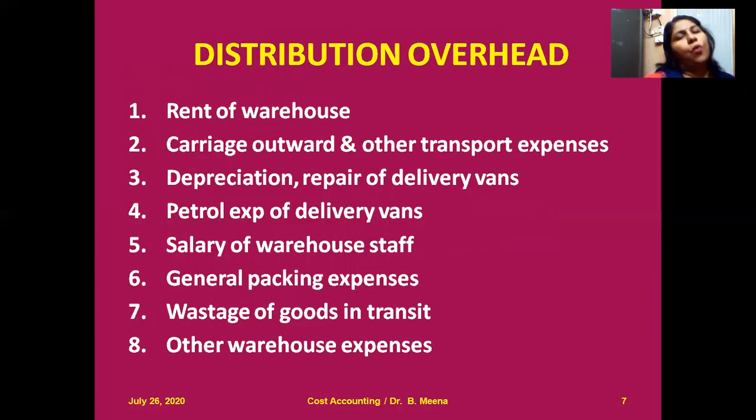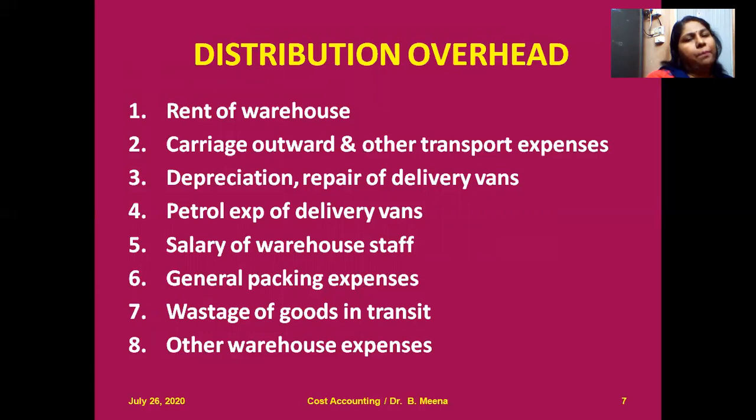Next, it's related to selling and distribution. We can combine these overheads when we are preparing the cost sheet. What are the distribution overheads? Rent of warehouse. Rent of warehouse means sometimes we need a place to store our finished products. That is called a warehouse. If we don't have the facility, we need to get it on a rental basis.